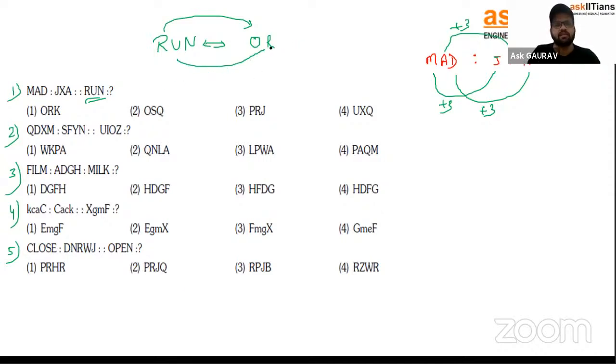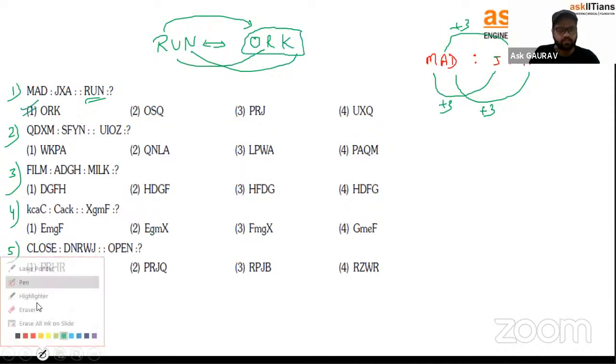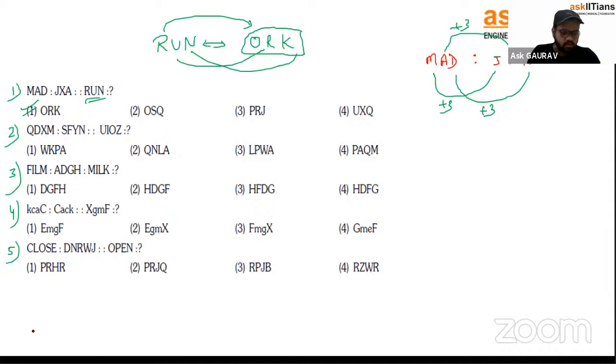Then N minus 3 is K. So ORK will be the right option. Is that clear, guys? So the pattern is minus 3. Okay, do the second.